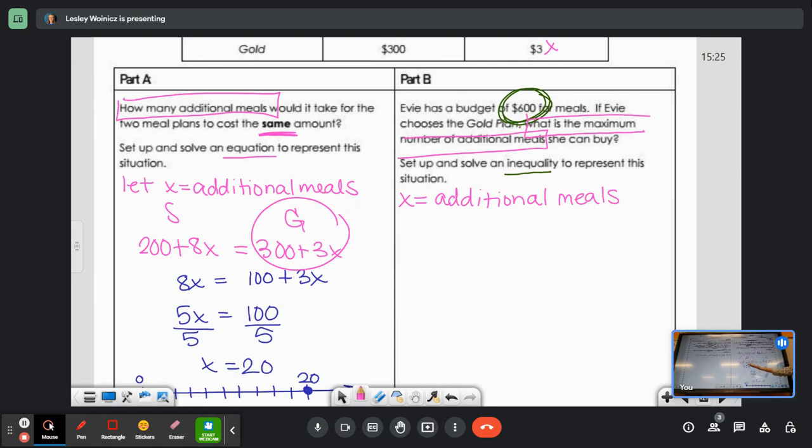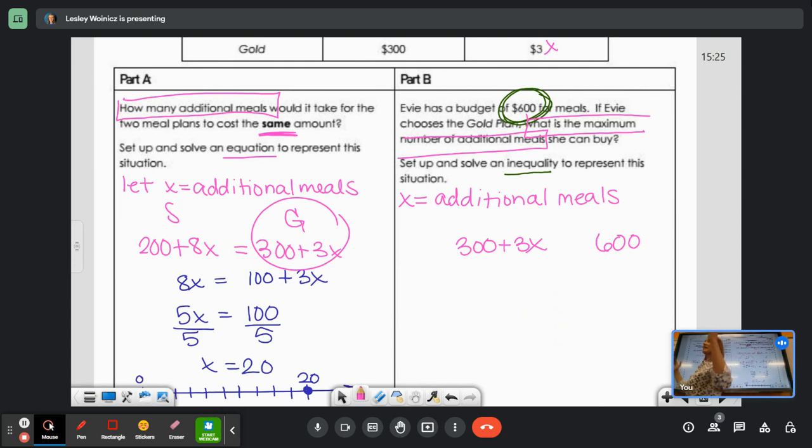Or do we have a bunch of stuff adding up to a total? Yeah, what is that total? 600. Ding, ding, ding. So we put that on the total side. And then we already have the other side written. It's just still this 300 plus 3x for the gold plan. So 300 plus 3x.